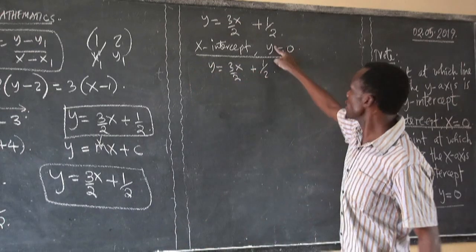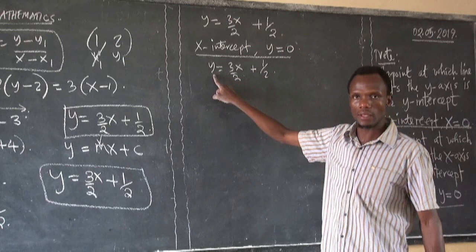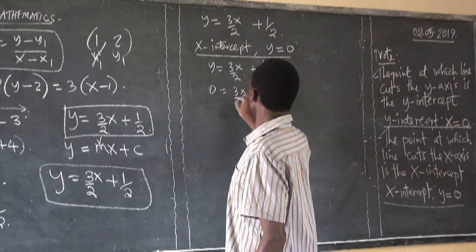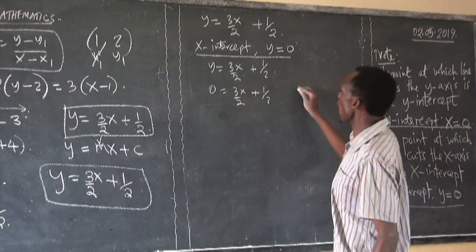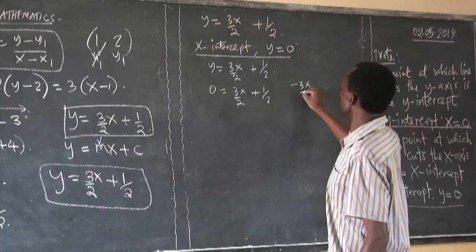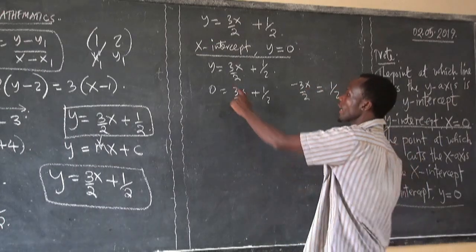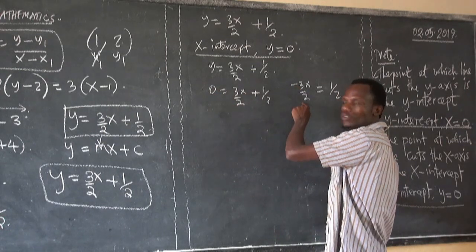Remember, y is equal to 0, which means you substitute 0 where there is y. Now you say 0 is equal to 3x over 2 plus 1 over 2. In short, you have negative 3x over 2 is equal to 1 over 2. I have taken this to the other side, and that's why it becomes negative 3x over 2.